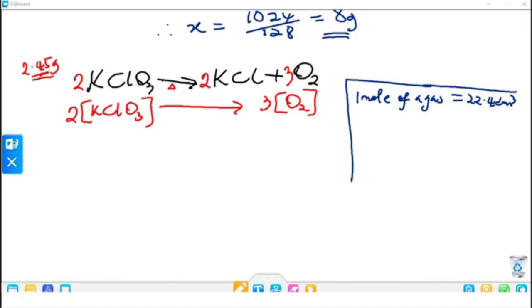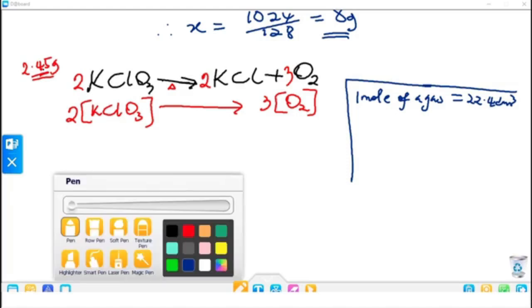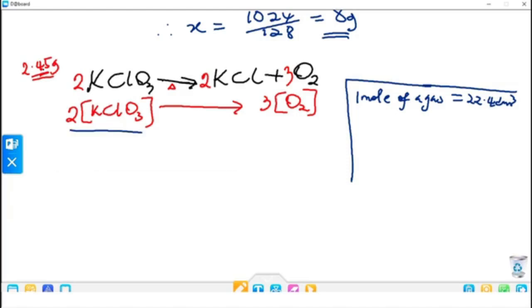So we need to know the mass of potassium chlorate that is giving us these moles of oxygen gas. We don't need to calculate the mass of oxygen because what we are dealing with here is volume. We are dealing with mass to volume. Can you see that?